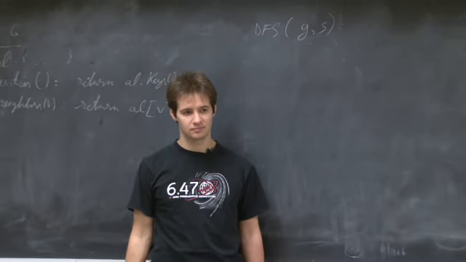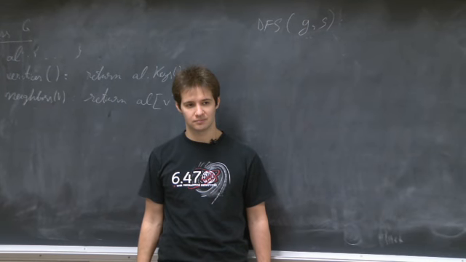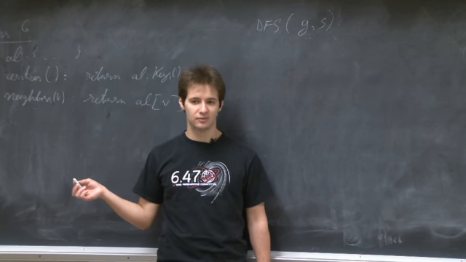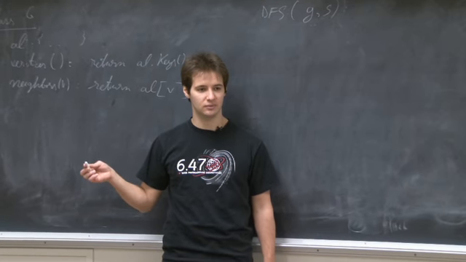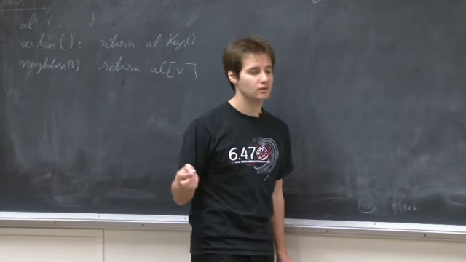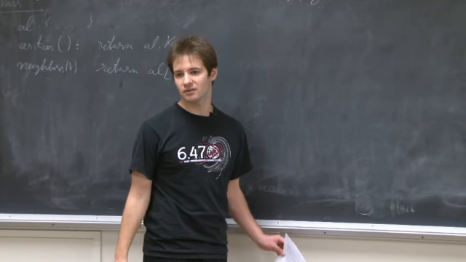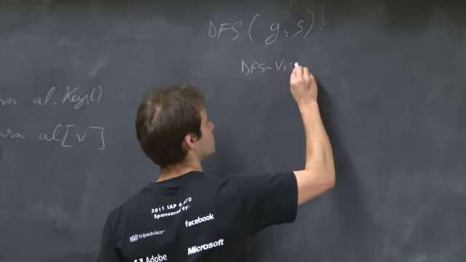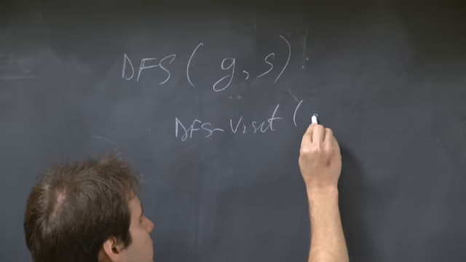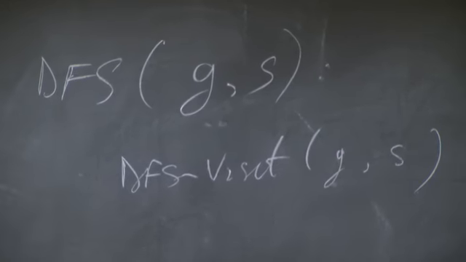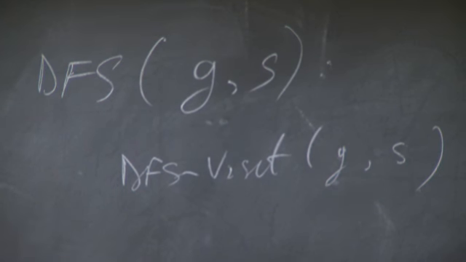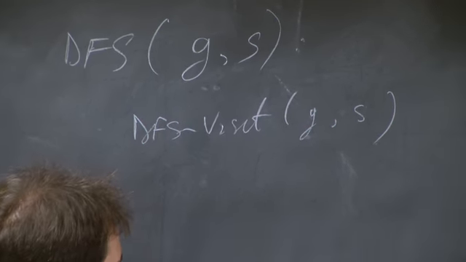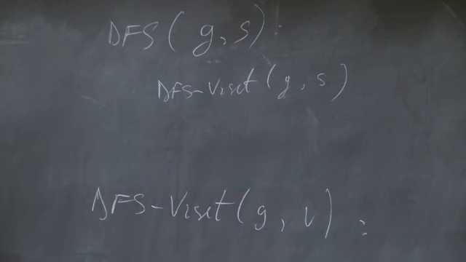And then we pick the first vertex in that one's list, first vertex in that one's list until we run out. Okay, so basically you start with A, and for every neighbor, you recursively do DFS on that neighbor. Right? So since this is recursive, let's write it in a recursive manner, nice and easy. So say DFS calls DFS visit of G and S. And let's say DFS visit takes a graph, takes the node that we're visiting, and how are we implementing this?